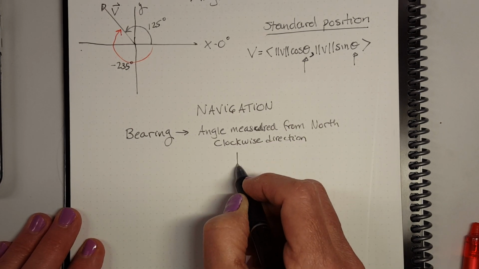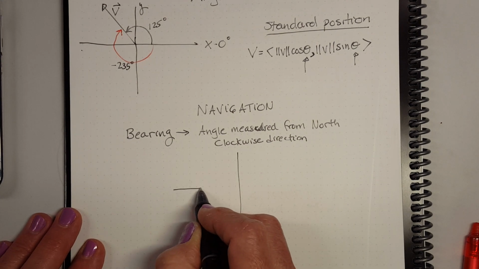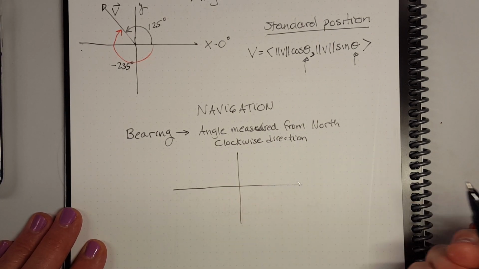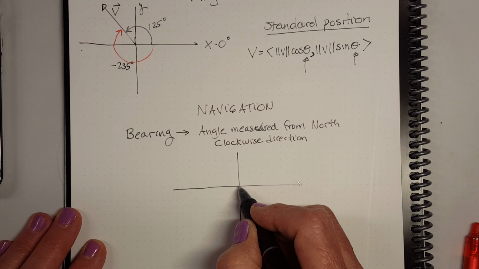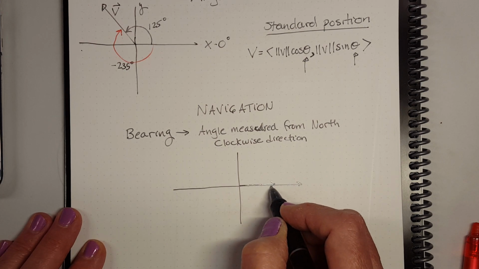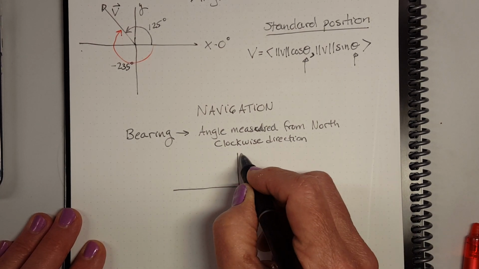So if I was looking at a vector, and let's say a plane was flying due east, a bearing has to do with north, south, east, west.